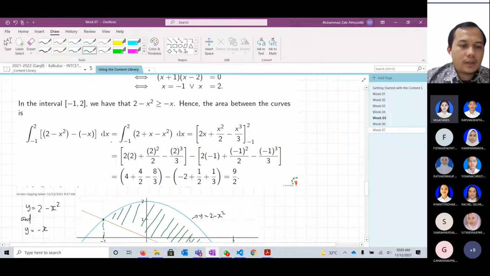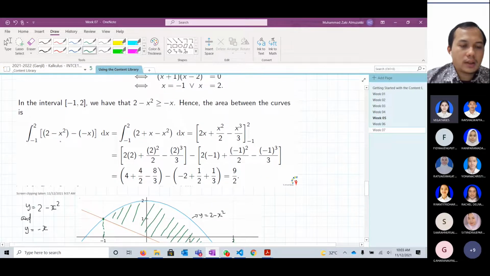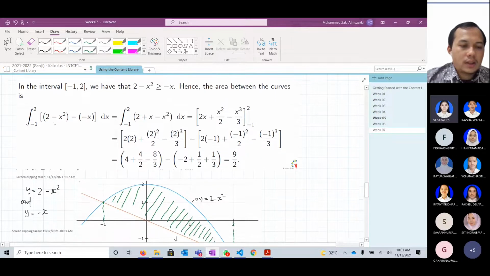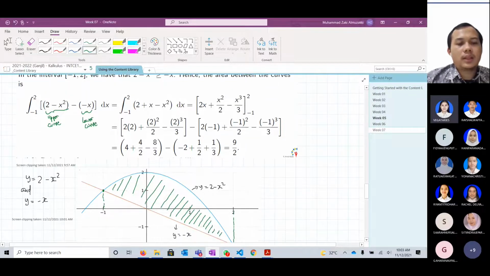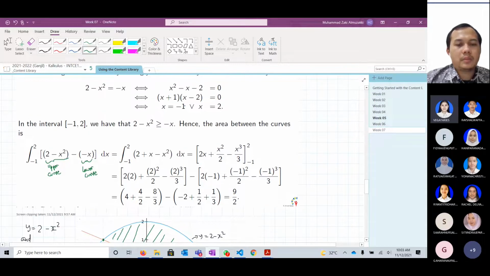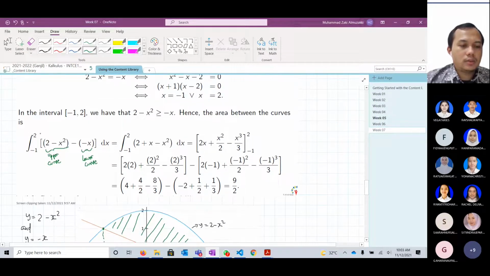Then finally we can compute the integral, where this is the upper curve, and so basically we integrate from x equals minus 1 to x equals 2, yeah.